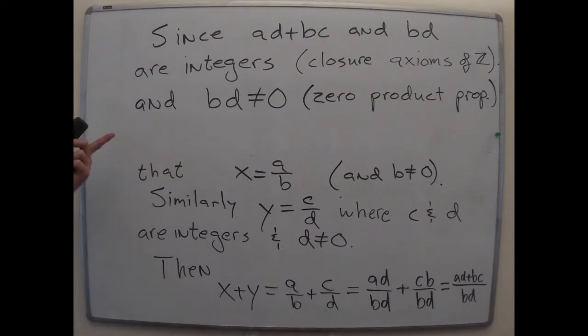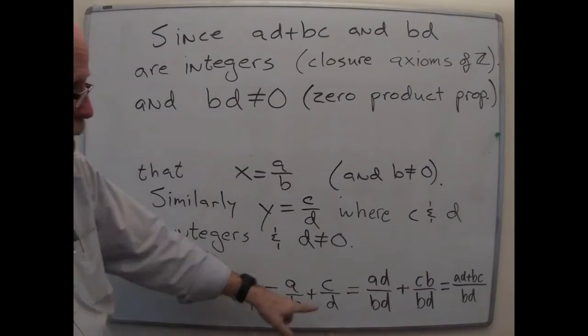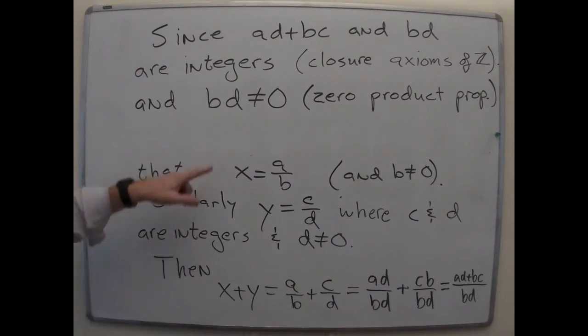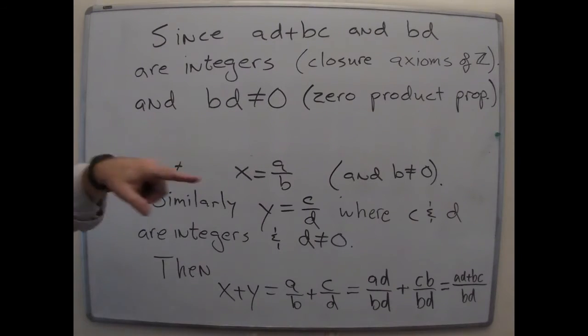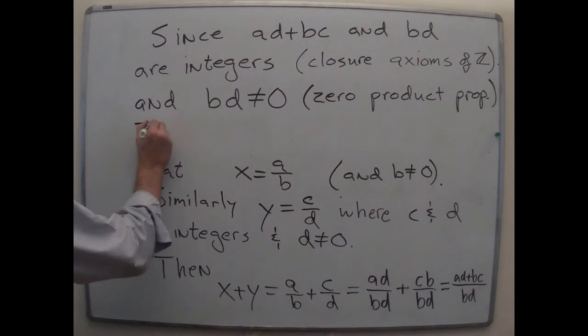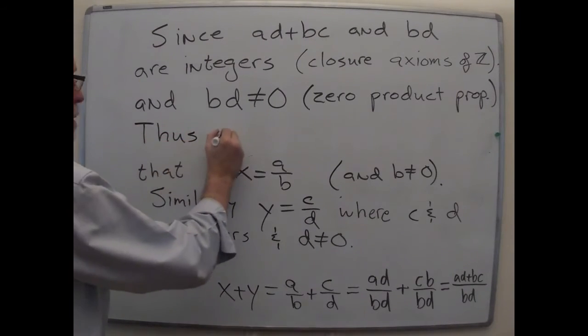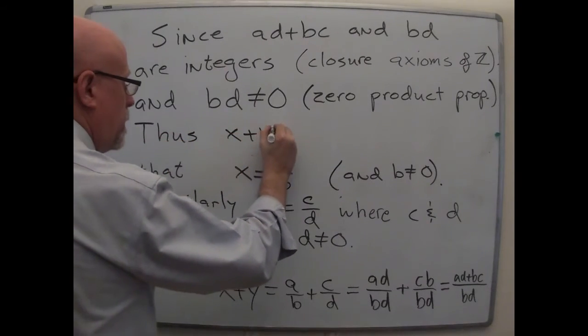So what's our takeaway from this? We've written x plus y as a fraction with something non-zero in the bottom, and both the top and the bottom are integers. So the final conclusion is thus x plus y is rational.